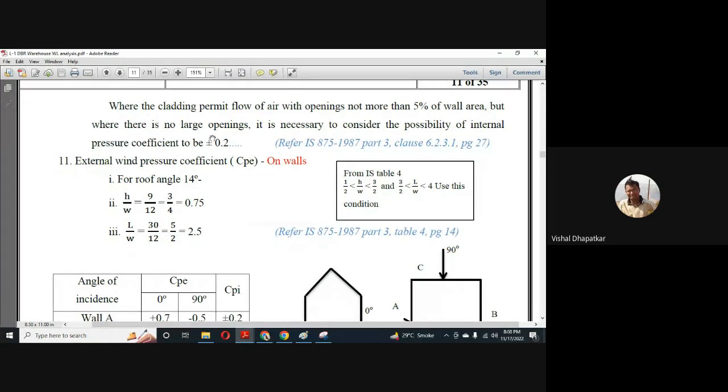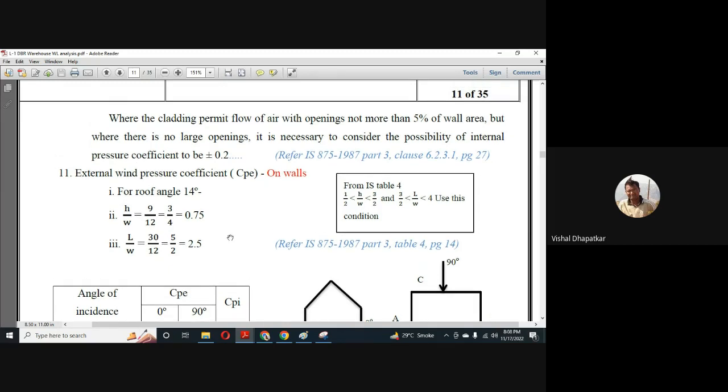So now we got the internal pressure coefficient, but the most important is the external pressure coefficient. Will there be any internal pressure coefficient if the structure is closed, or if the structure is open? What do you think?